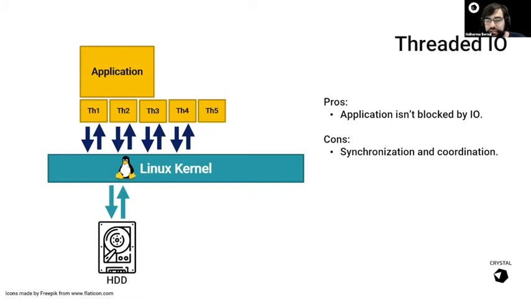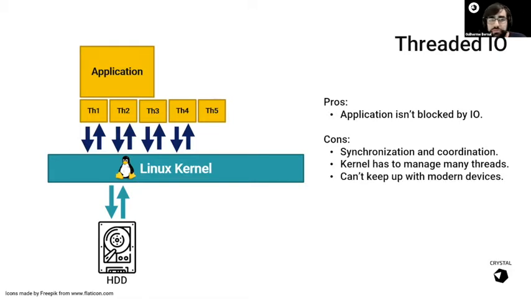So that's a problem. And also, if we want to scale to doing a lot of I/O, we have to scale to a lot of threads. And now the kernel has to manage all those threads. This is a lot of precious kernel CPU time being used, and we don't want that. And also, we can't keep up with modern devices.